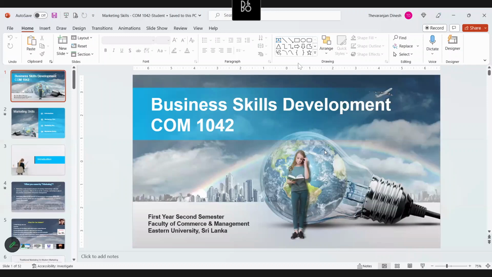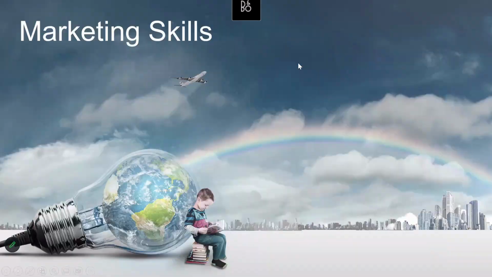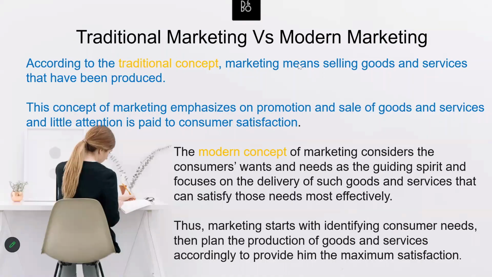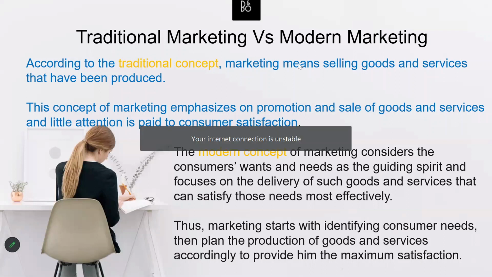So marketing skills, we saw about the basics. What can you market? And after that, I explained the differences between traditional marketing and modern marketing. Then I explained some important terms of marketing.